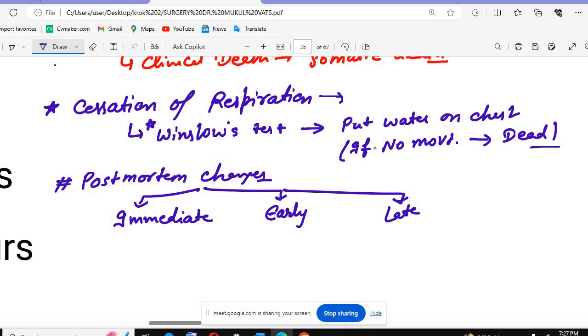Immediate changes occur within a few minutes. Early changes take hours to days, and late changes take days to weeks.